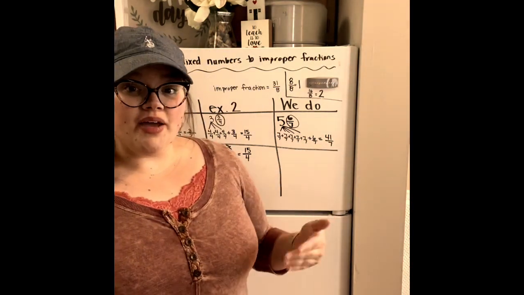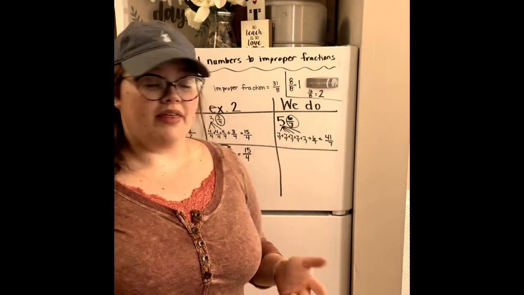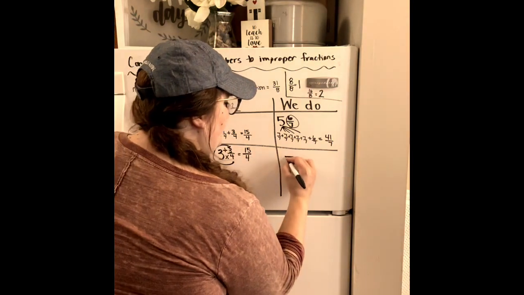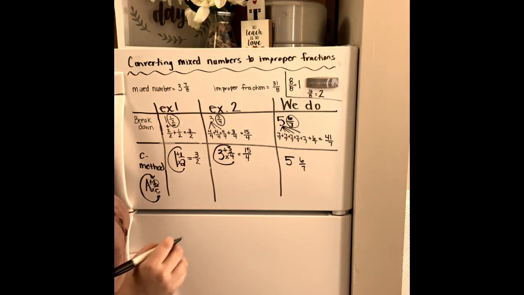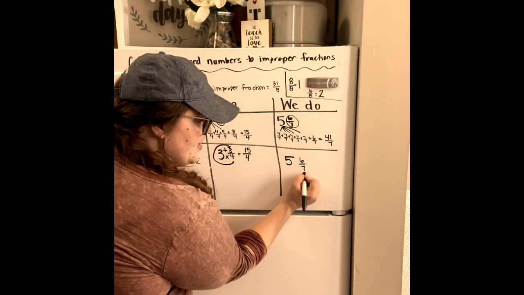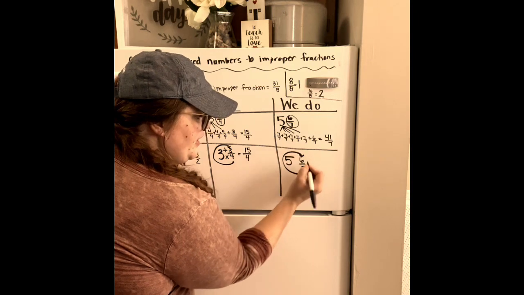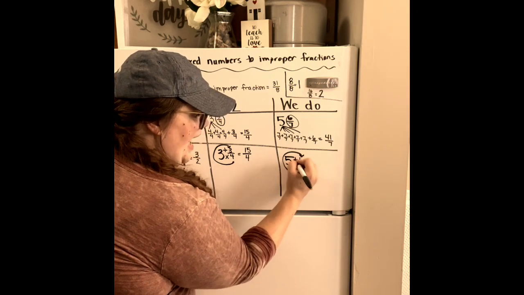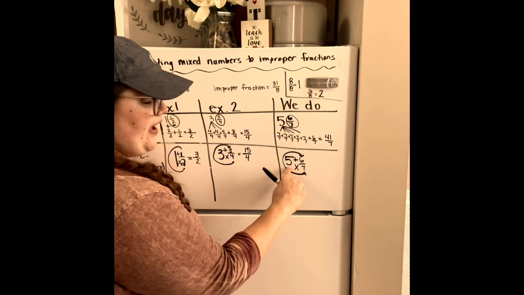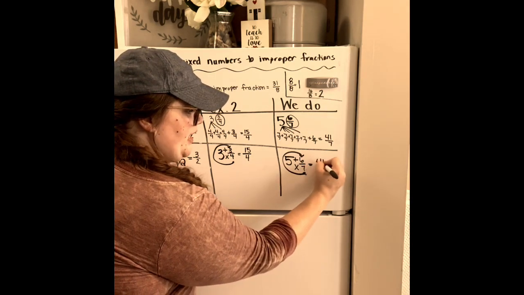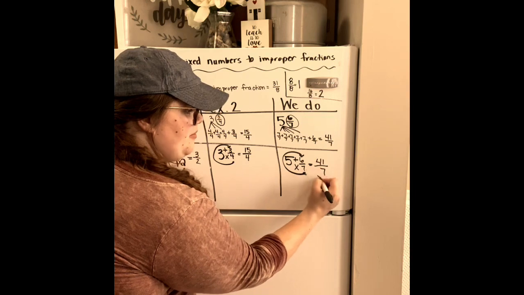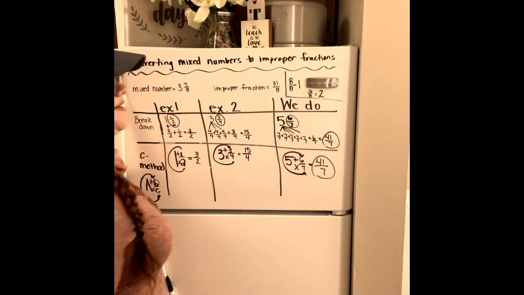Now, let's take a look at what this problem looks like using the C method. 5 and 6 sevenths using the C method. I start at the denominator, I circle around to the numerator, times and add. 7 times 5 is 35, plus 6 more is 41, and I keep the denominator the same, 41 sevenths.